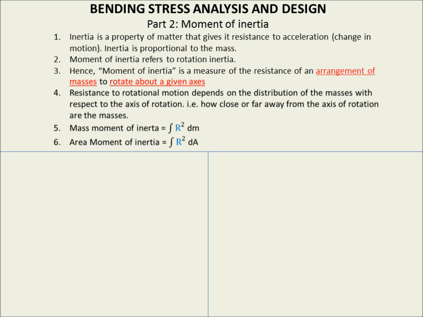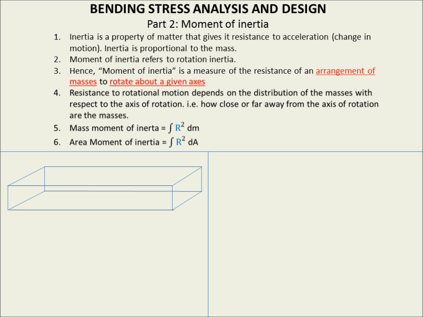And since area moment of inertia tells us something about the resistance of an arrangement of area to rotate about a given axis, then it should tell us something about bending. And we'll take this step by step.